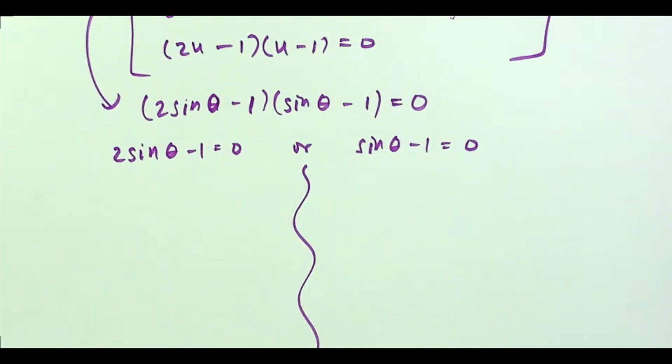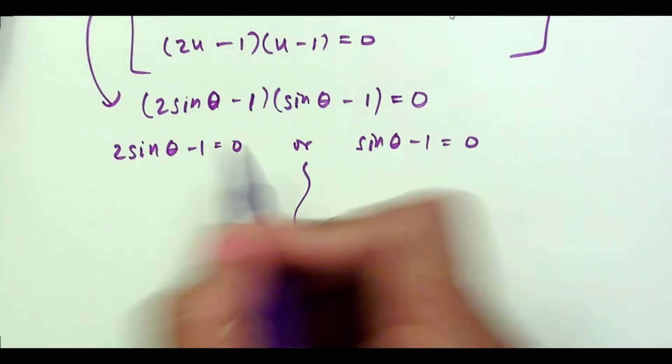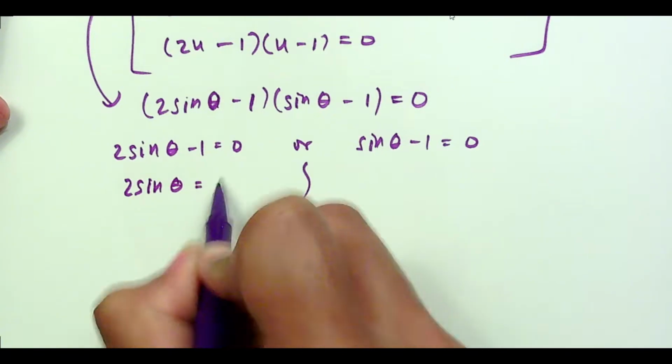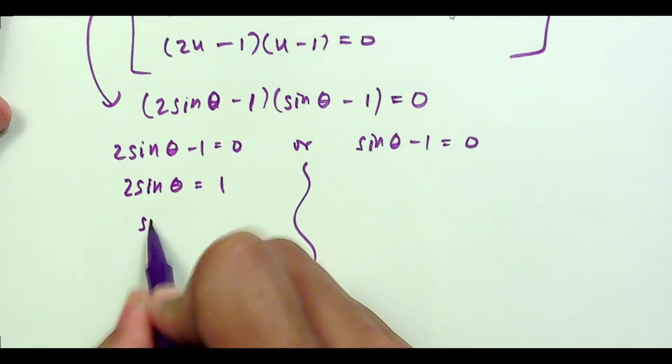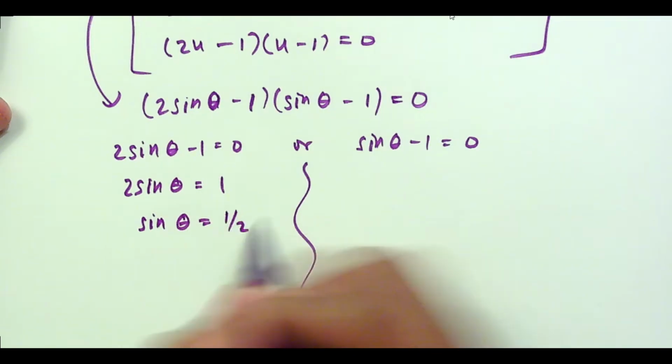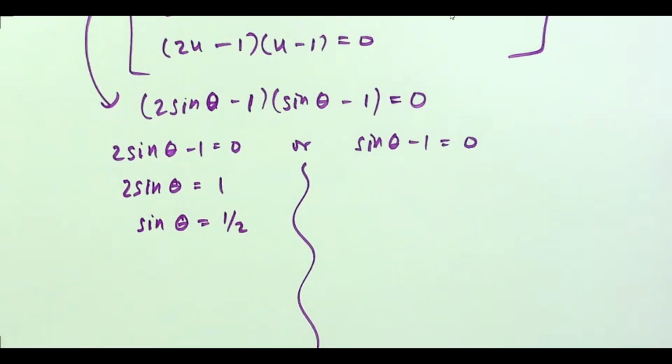2 sine of theta minus 1 equals 0. To solve this, move the 1 and divide by 2. So you're going to get sine of theta equals 1/2. Note that this is a special trigonometric value, so that means we're going to get a special value for the angle.